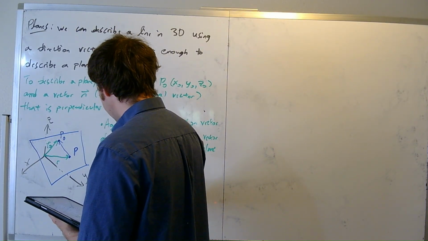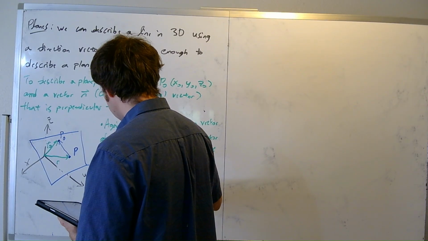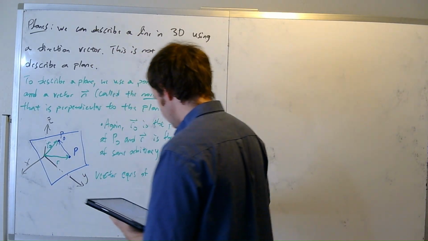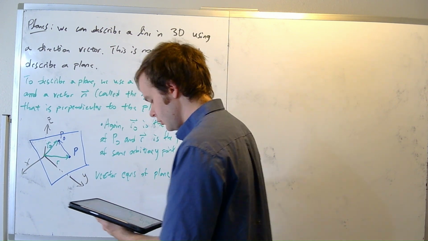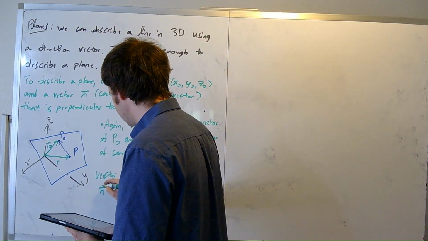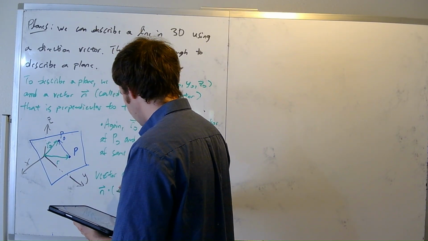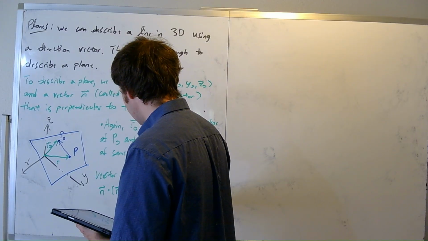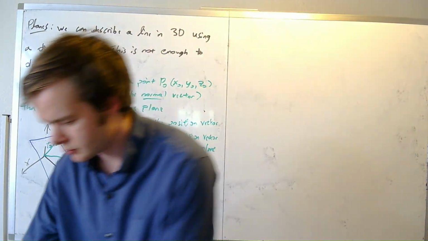And here I'll say that the vector equations of the plane, let's write them down. One is going to be n dot with r minus r0. So let's think about what that means first.